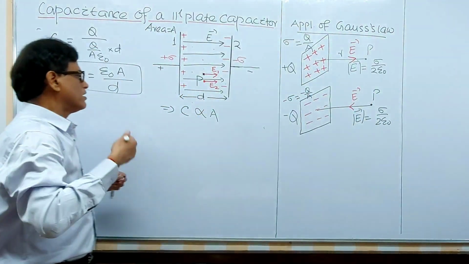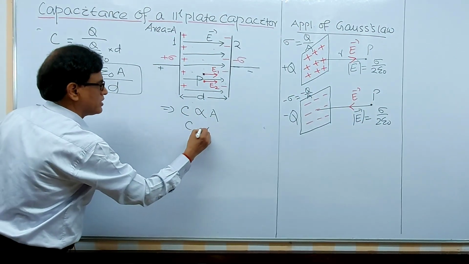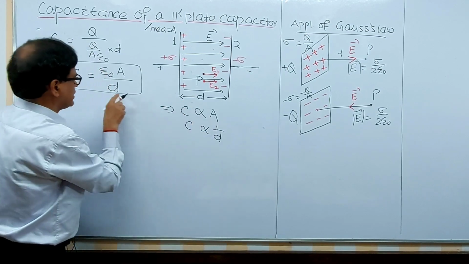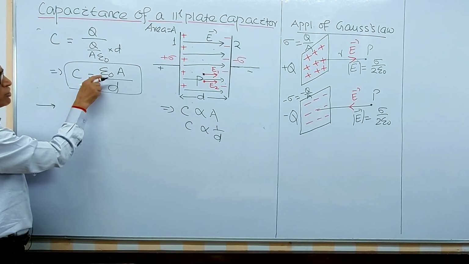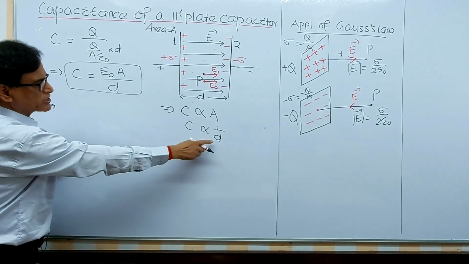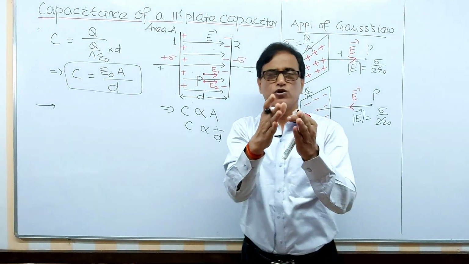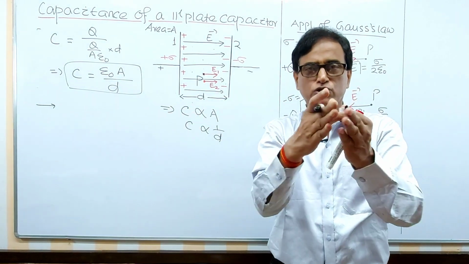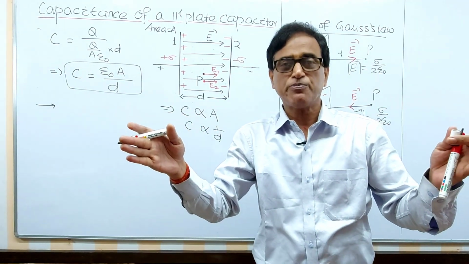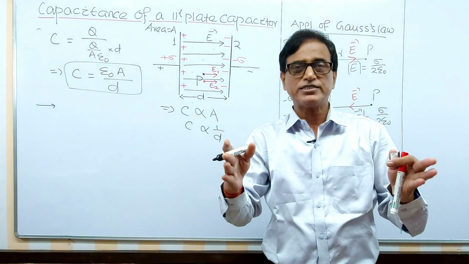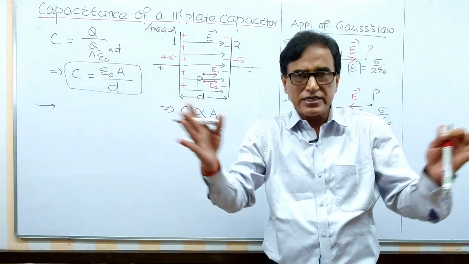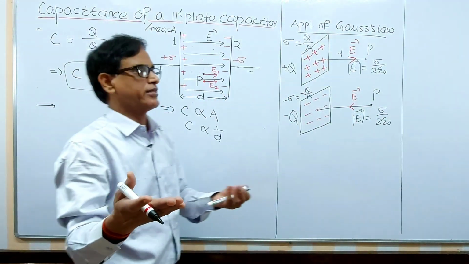If you decrease the separation, C is inversely proportional to D. Epsilon 0 is a constant permittivity, so C is inversely proportional to D. With the same plate area, if you go on increasing the separation, the capacitance decreases. If you decrease the plate area, capacitance decreases.